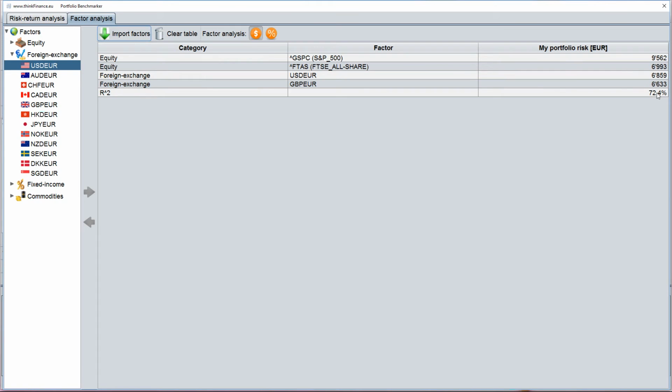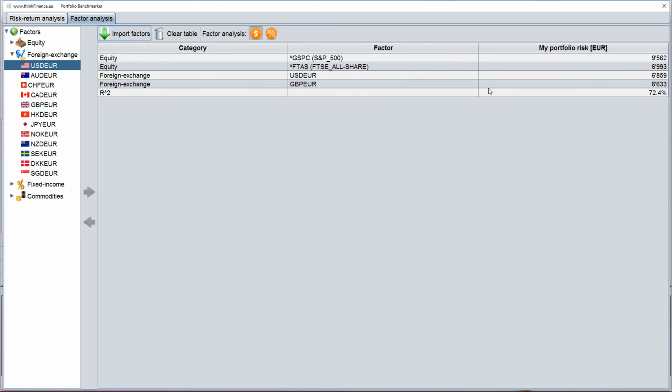And that's an interesting figure because what this means is that the market risk of my portfolio is explained to 72% by the risk of these 4 market factors, which means the remaining 28% of market risk in my portfolio is explained by the individual behavior of the shares in my book. So this analysis gives you a very easy to understand overview of what drives the risk of your portfolio.